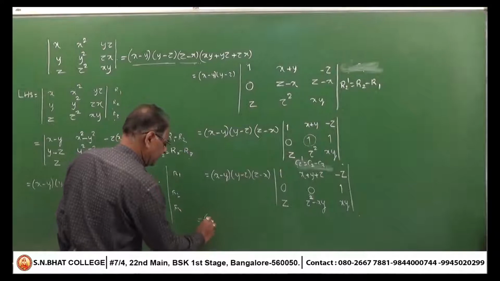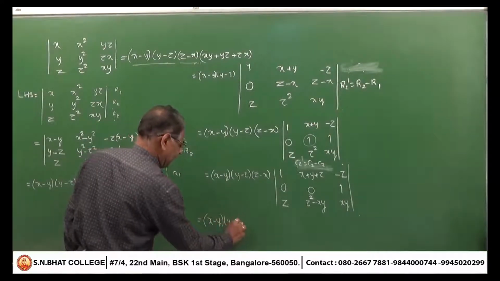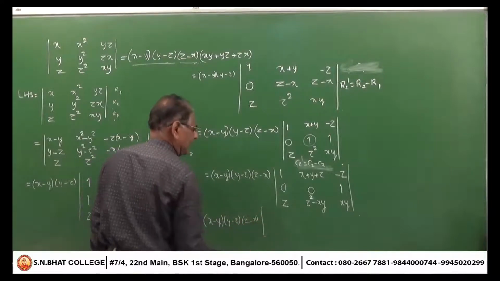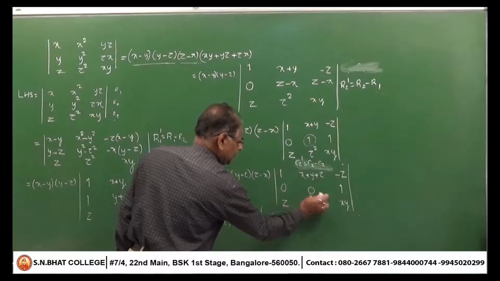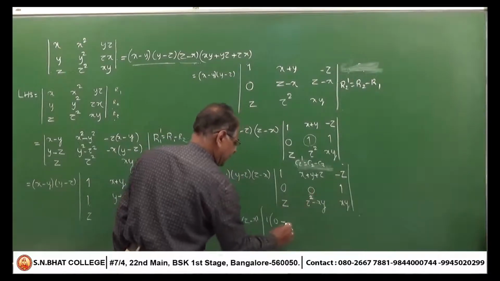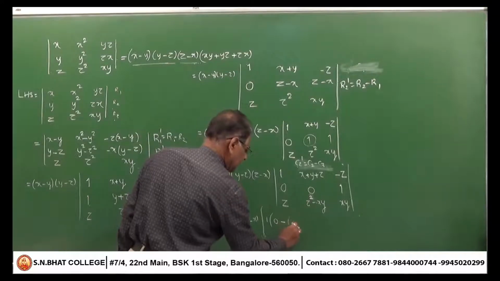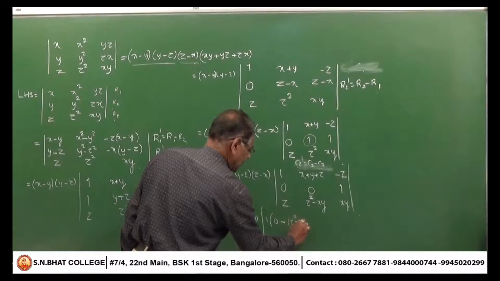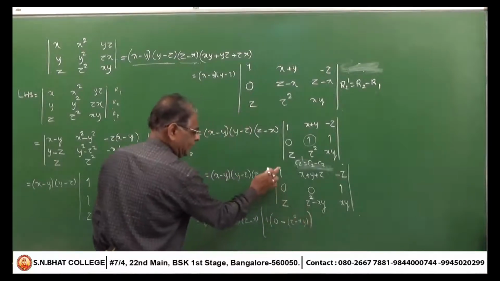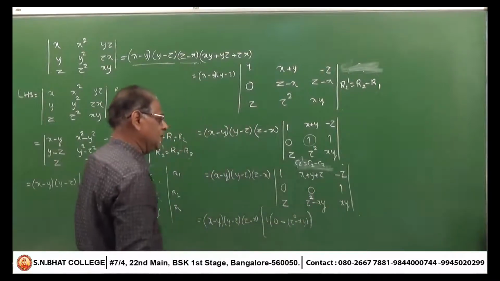Therefore, this is equal to X minus Y into Y minus Z into Z minus X. Expand, evaluate. 1 into 0 minus of this. That is nothing but minus of Z square minus XY. 1 into, leave this row, this column, this into this, minus this into this.